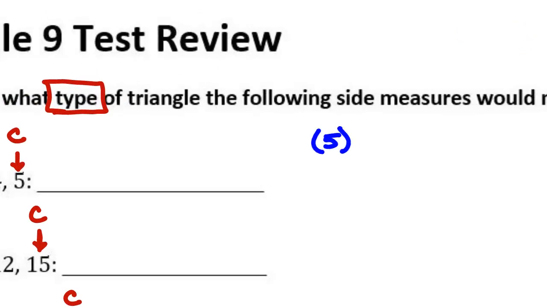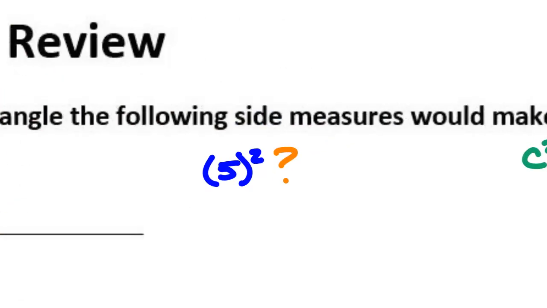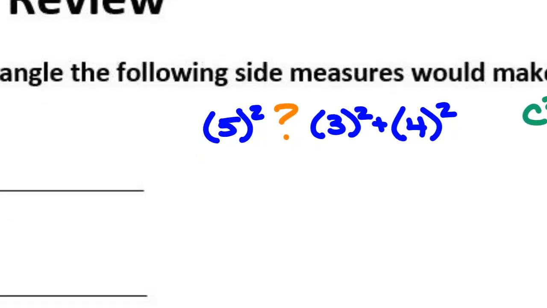So I would take 5 and square it. I don't know yet whether that's equal to, less than, or greater than. And then we have to take 3 and square it and add that to 4 squared. What is 5 squared? 25.